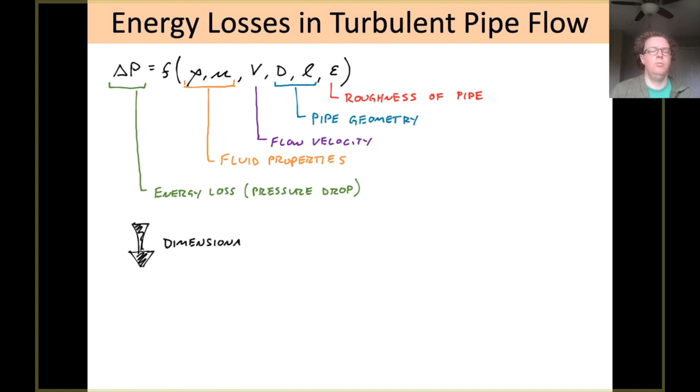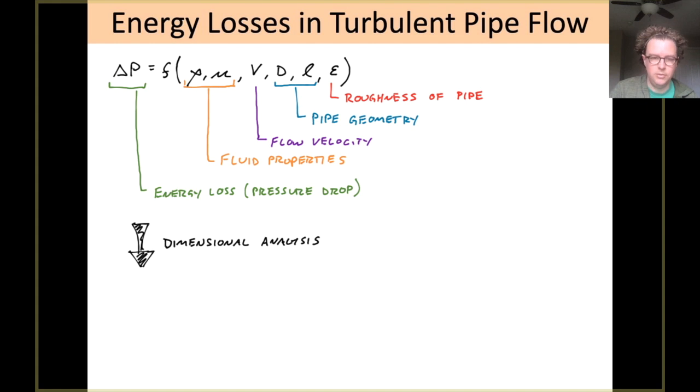So this is a good opportunity, if you still need practice on dimensional analysis, to start with the problem that I've defined above. You would pick the anchoring variables of viscosity, length, and roughness.